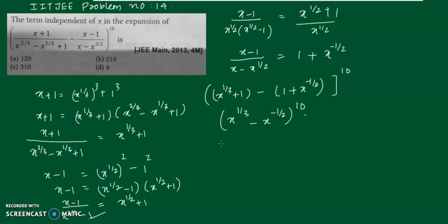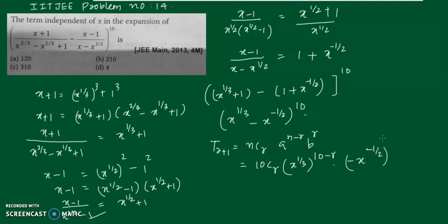So let us calculate the general term. The general term, T r plus 1, is given by nCr a raised to n minus r b raised to r. N is 10 here, so 10Cr, a is (x raised to 1 by 3) the whole raised to n minus r, that is 10 minus r, into b raised to r, that is (minus x raised to minus 1 by 2) the whole raised to r.